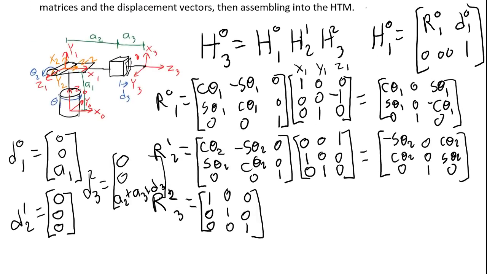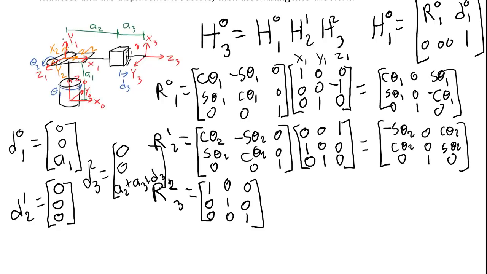Let's do theta for the second row. We're going to ask ourselves, how do I have to rotate frame 1, shown in red here, around the z1 axis in order to get x1 to match x2 and also to account for the joint variable? x1 is pointing to the right and x2 is pointing up, so I would have to rotate frame 1 90 degrees around z1 in order to get x1 to match x2.